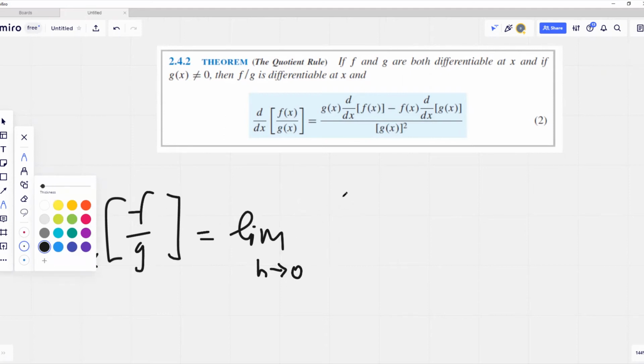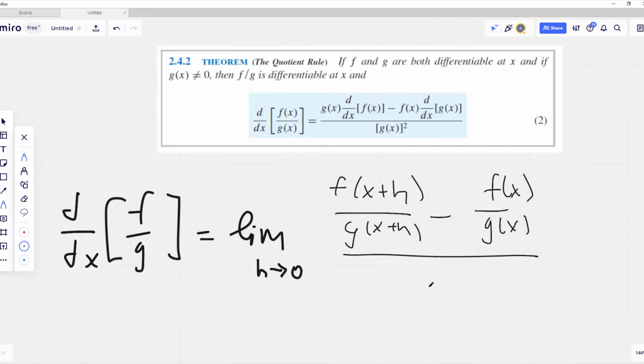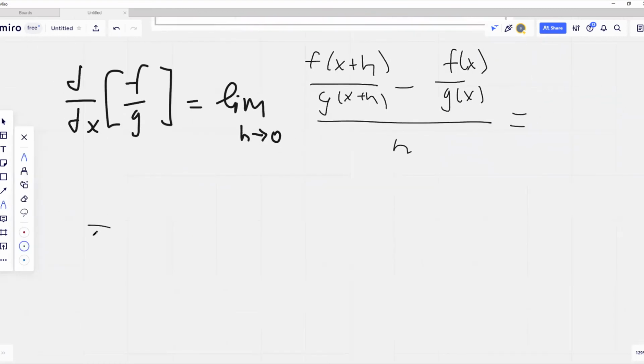So the value of the ratio at x plus h minus f of x over g of x, everything divided by h. Let's bring them to a common denominator.